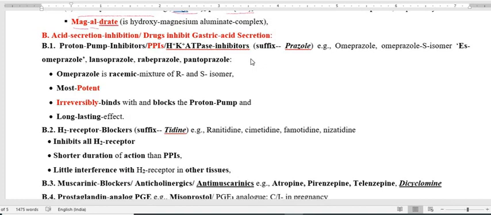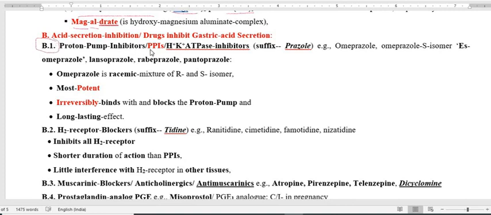So now we have to go through the drugs which inhibit the gastric acid secretion by the parietal cell. The best example, the drugs that are mostly used, are called PPIs.